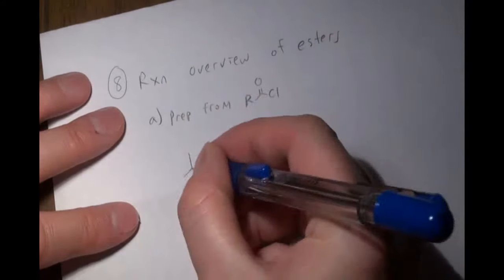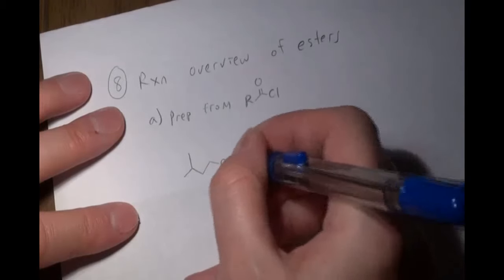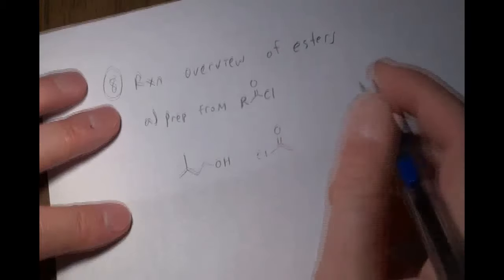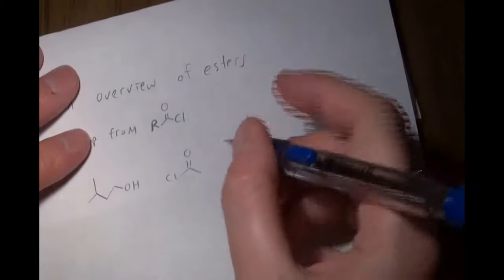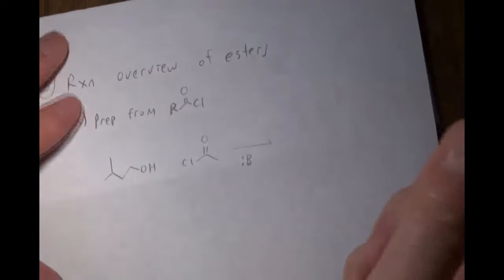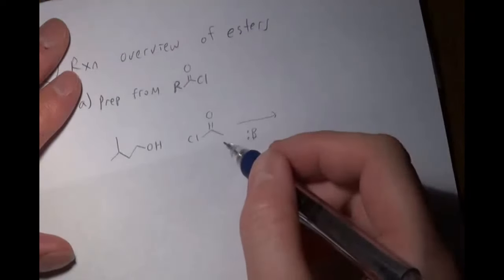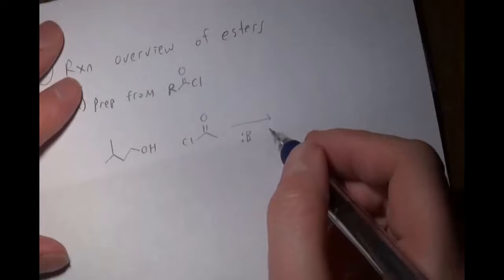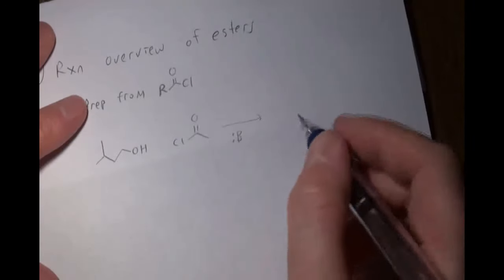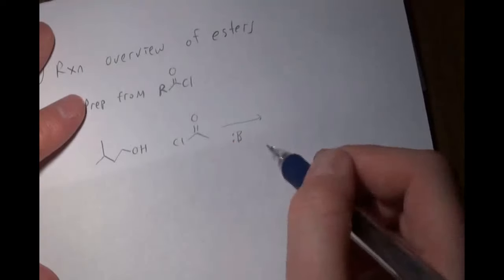So let's just make one. We'll do this easy one. And we're going to draw it a little differently because that's fine. Okay, so now we're just having alcohol and an acid chloride and a little bit of base, maybe pyridine or something. You can imagine what the product will be.